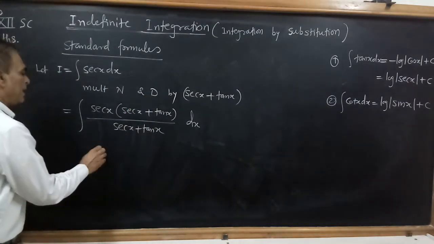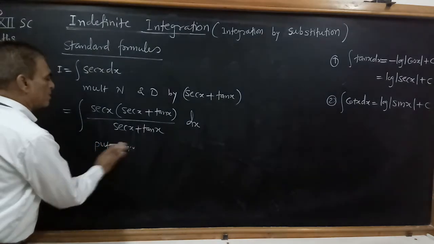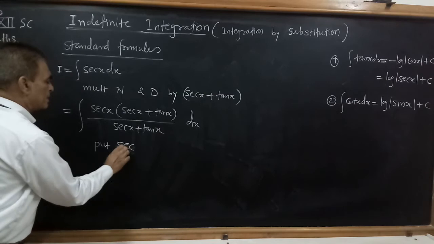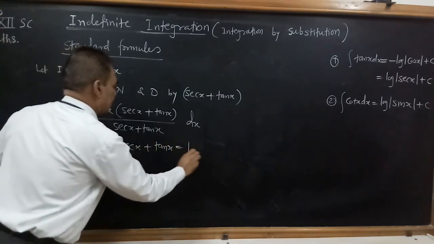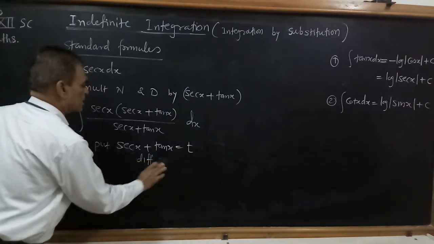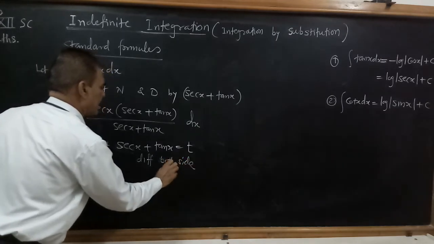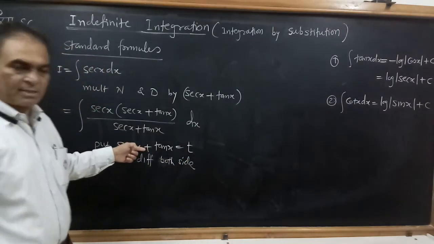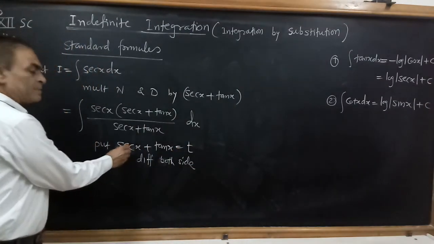Okay. Then use substitution, denominator is equal to t. Sec x plus tan x is equal to t. Differentiate both sides. In left hand side differentiate with respect to x, and right hand side differentiate with respect to t. What is derivative of sec x?